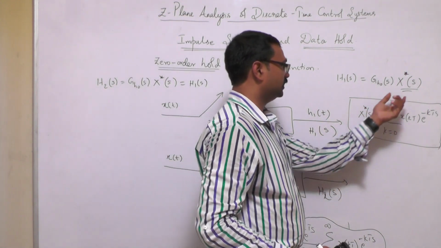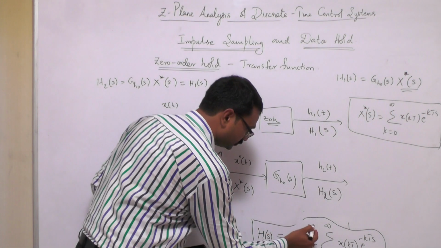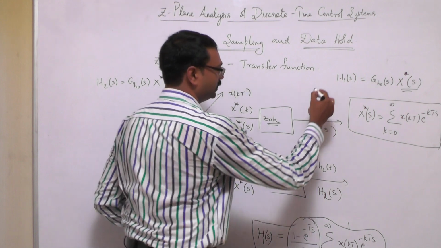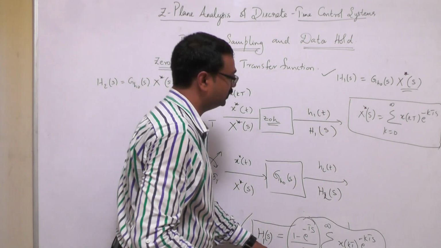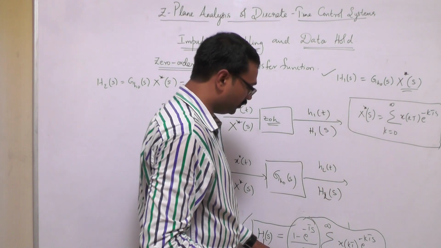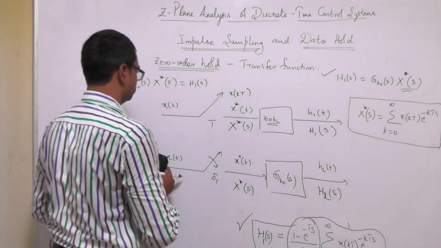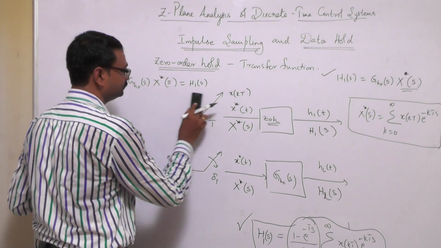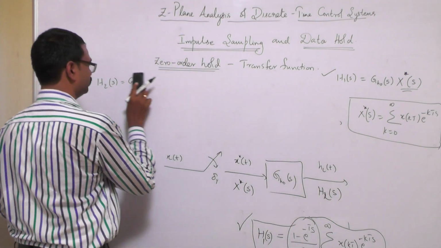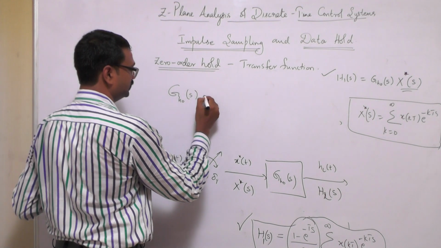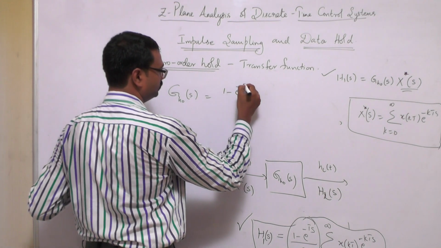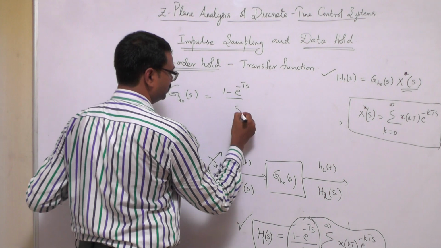Now this is the only term when you compare this equation and this equation. You can say that GH0 of s is equal to 1 minus e power minus ts by s. Therefore the transfer function of the zero order hold GH0 of s is equal to 1 minus e power minus ts by s.